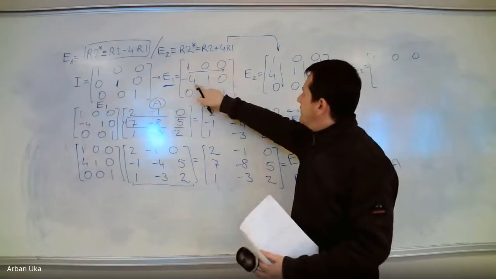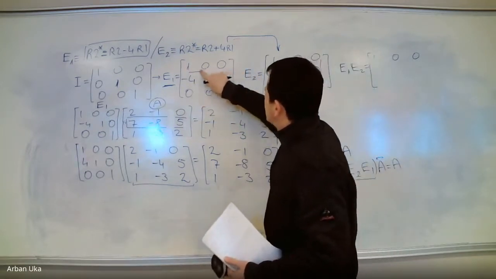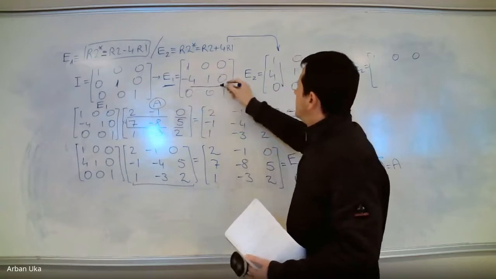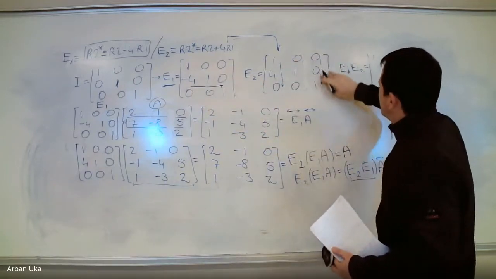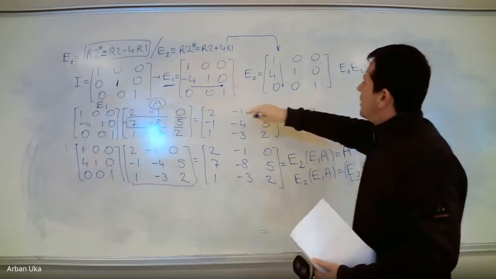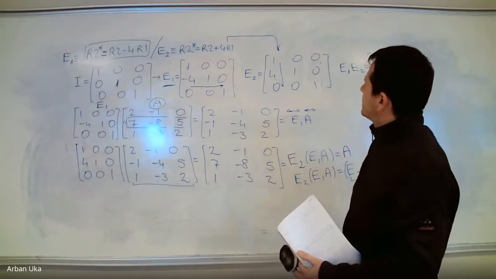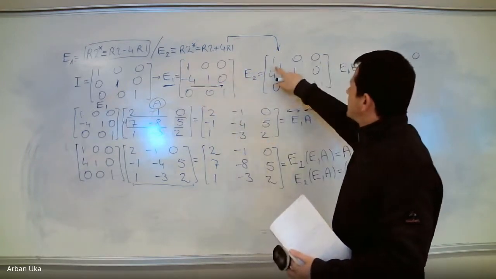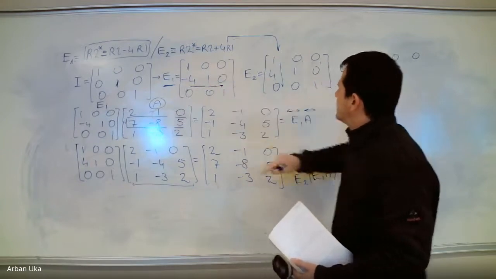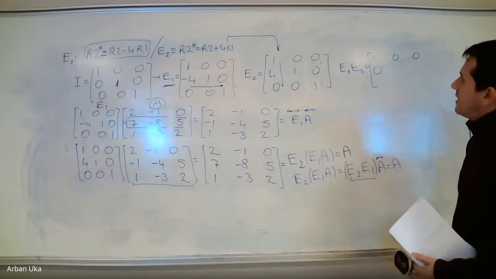Then we come here. What we see here is that now we multiply the second row with the first column. We get the following: minus 4 times 1 is minus 4, plus 4 is 0. So we get 0 here. Okay, and then what is the rest?